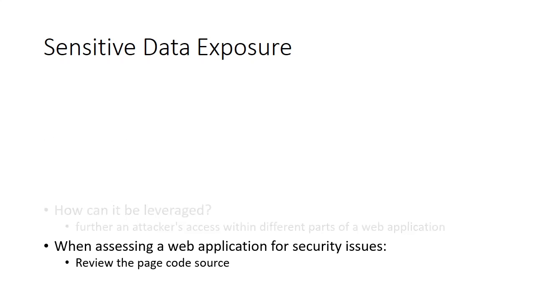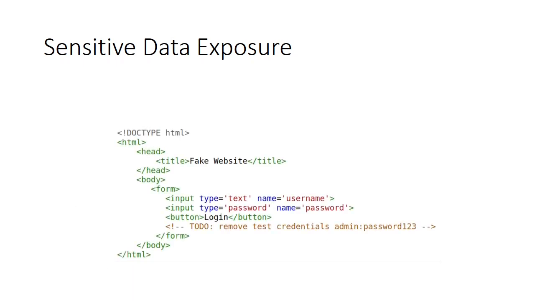So for example, if we see this code, the source code for a web page, we can see in the comment that there are these credentials, and maybe we can use them somewhere if they weren't removed afterwards.